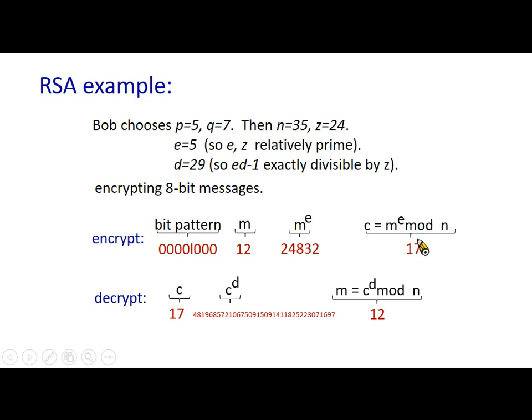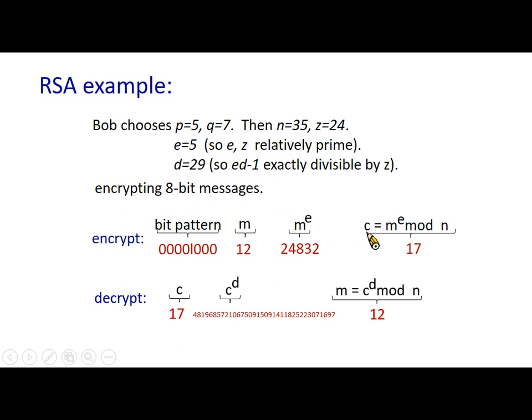So 17 is the ciphertext c. That is the encryption: we get c from the message.